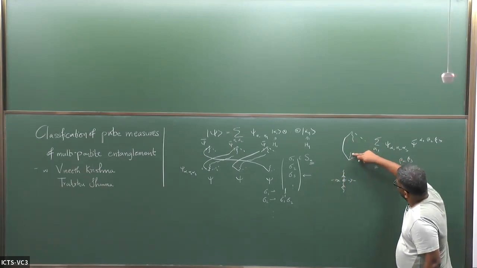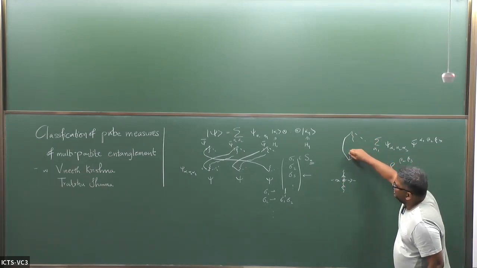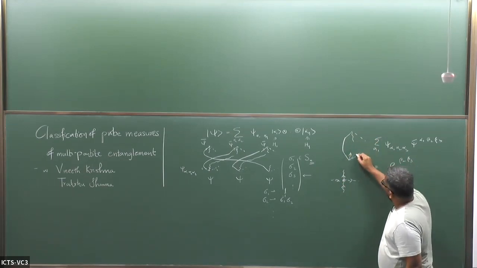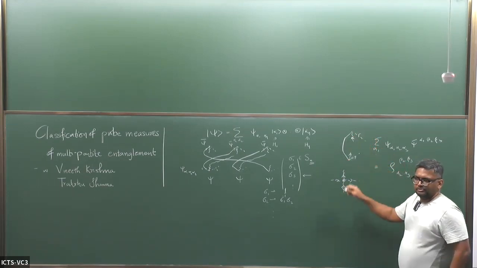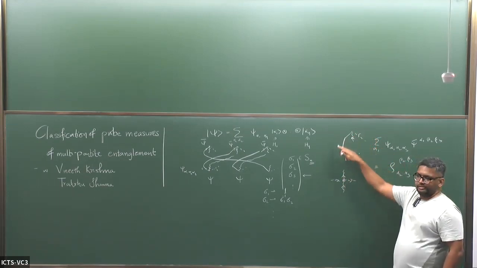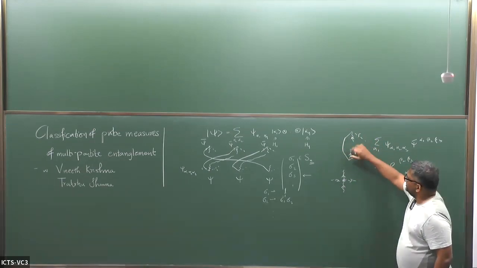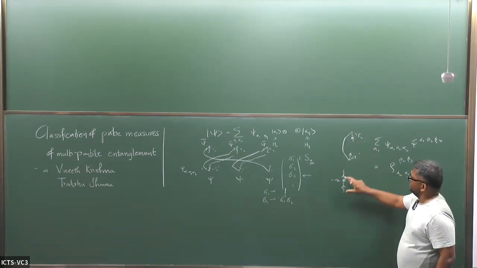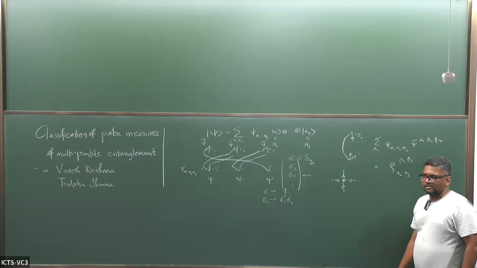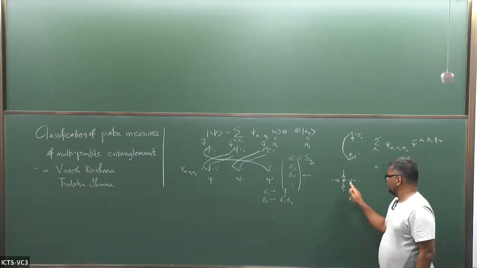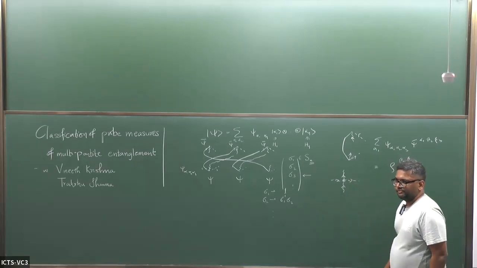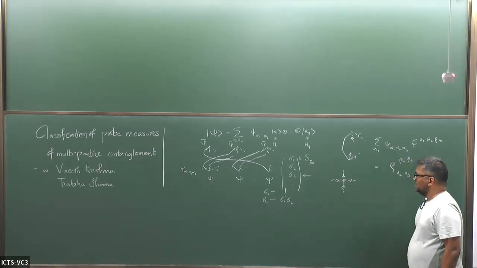Because this object also has two outgoing arrows of this sort and 2 incoming arrows of this sort. So I'm just relabeling this particular contraction with party 1 index as a density matrix on the remaining parts. The ordering doesn't matter as long as you keep track of the arrows, which is fundamental, which is anti-fundamental.